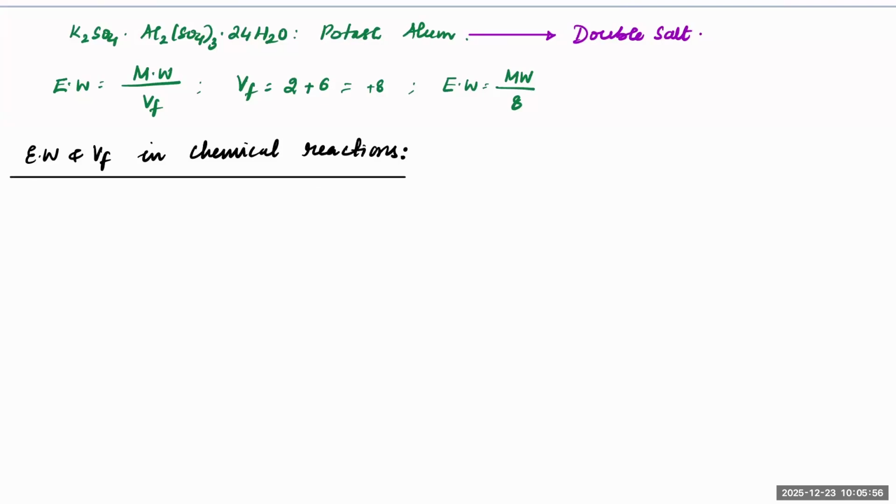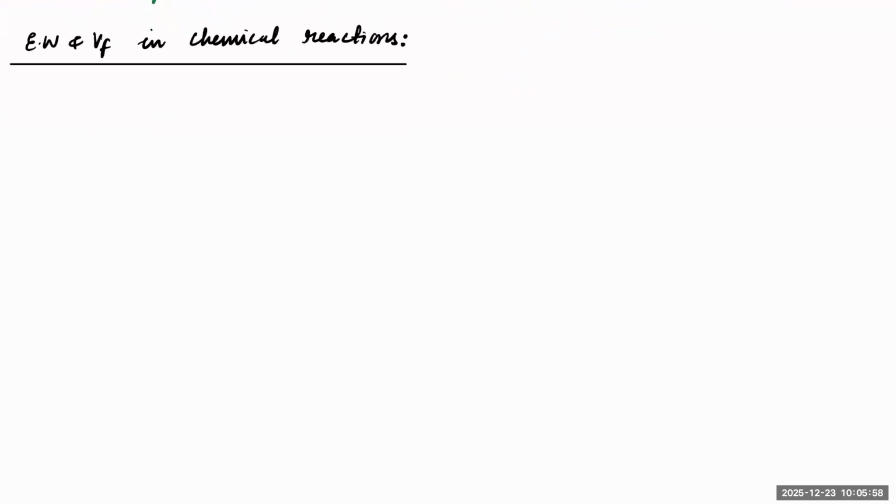See, for instance, if I take H3PO4 and treat that with 2 moles of NaOH, it gives a product Na2HPO4 plus H2O. This is how we have written it.